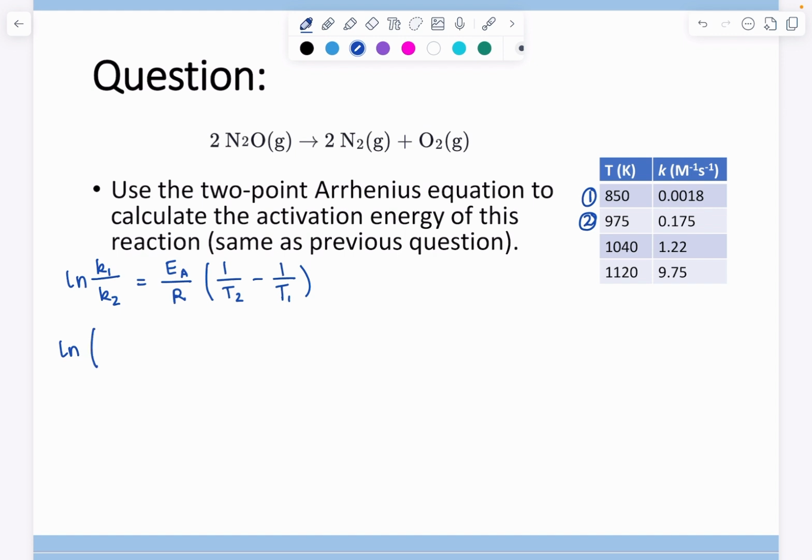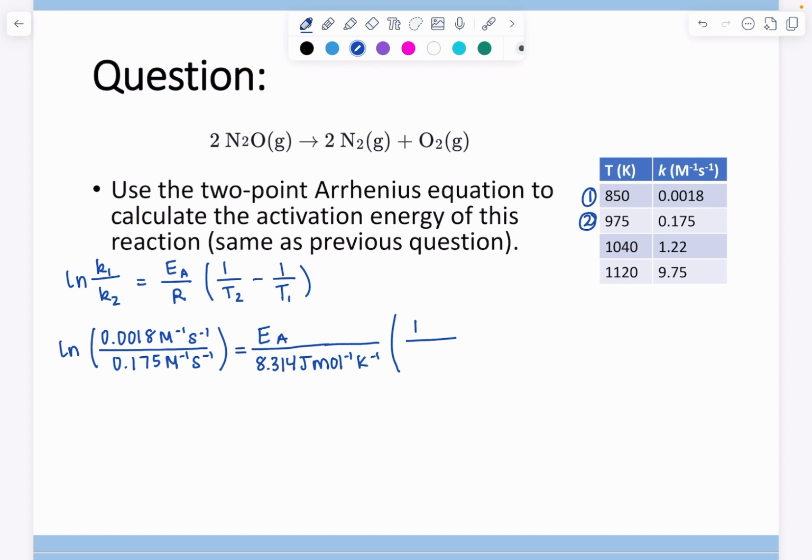So we'll have natural log of K1, 0.0018, divided by K2, equal to activation energy over R, 8.314 joules per mole Kelvin, and then 1 over T2, 975 Kelvin, minus 1 over T1, 850.